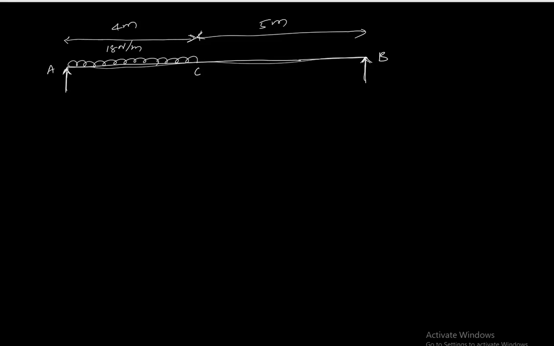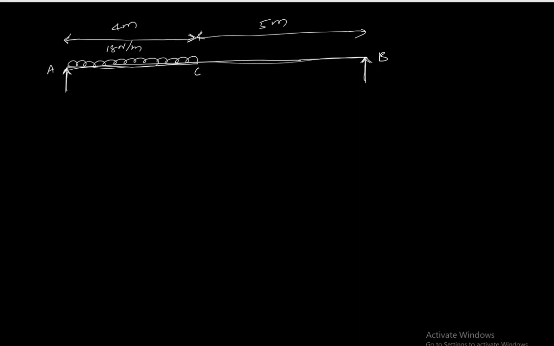So for every meter it is 18 newtons. Now it spans over a range of 4 meters, so 18 times 4 is 72 newtons. So this entire load is 72 newtons, which has been spread over a length of 4 meters. But for now we'll just ignore this and move on.